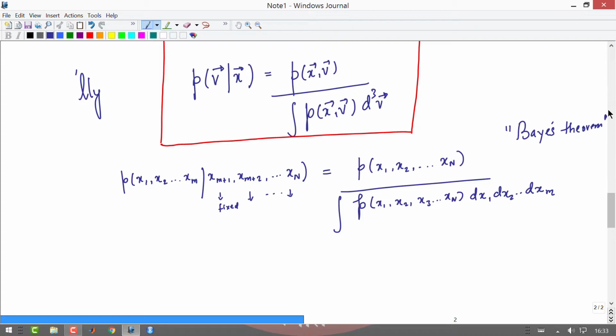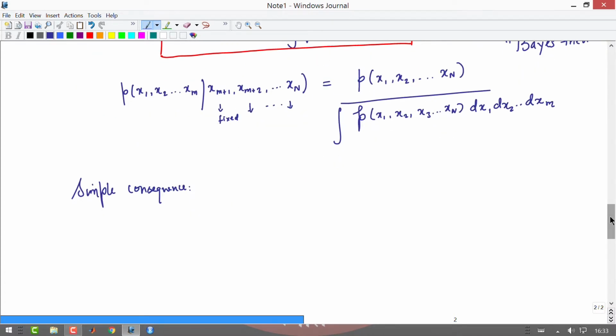And a simple consequence of Bayes theorem is that if your random variables are completely uncorrelated, okay, let us take the simple case of two variables. Okay, so if x1 and x2 are uncorrelated, then the unconditional probabilities are the same as the conditional probability. Okay, so I will first state the theorem.